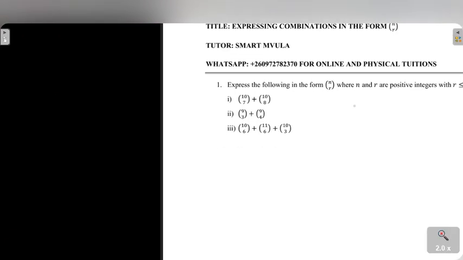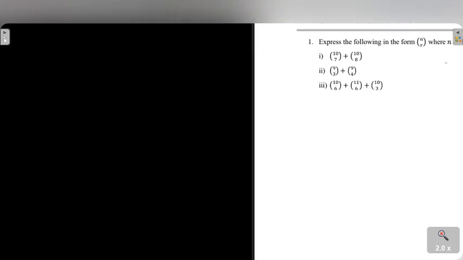Then our last part, that is part 3. What we have is 10 combine 6, plus 11 combine 6, plus 10 combine 3. So how do we evaluate this one?